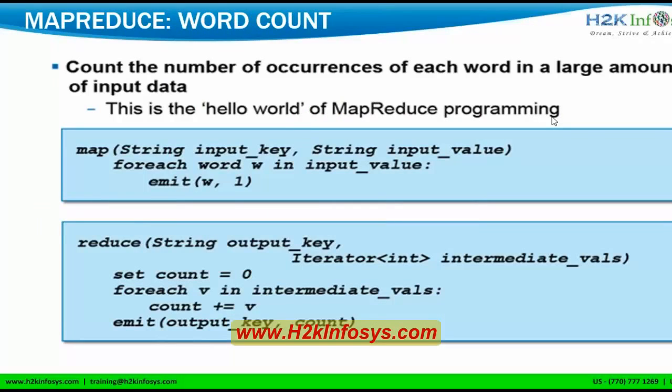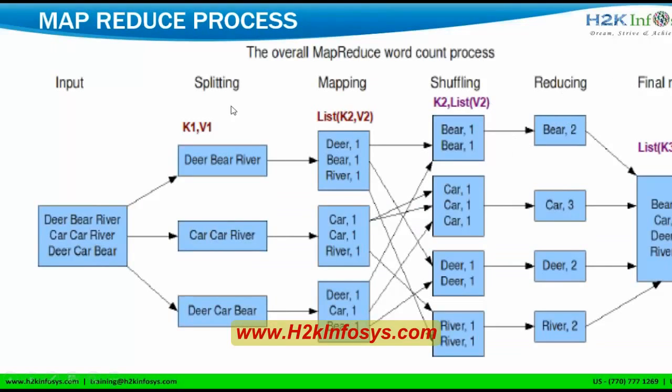In my reduce program, I am sending this particular key along with the list of values. Each reducer here will get bear comma 1 and bear comma 1. For example, reducer 1, which results in bear comma 2, will have the input as key k2 comma list of v2, that is bear comma 1 and bear comma 1.